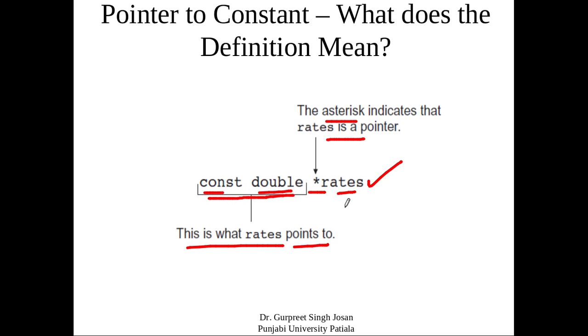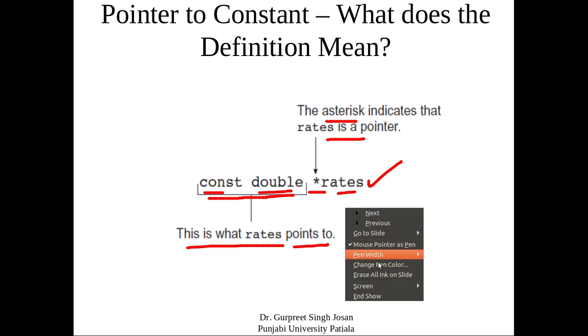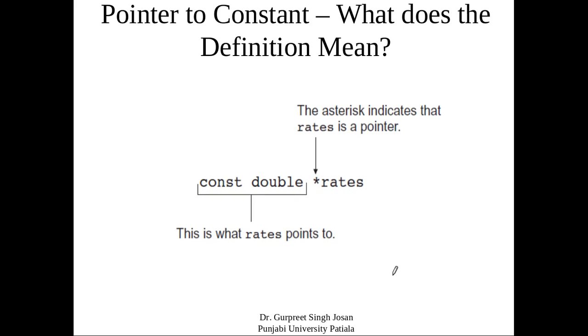When you have to declare a pointer to some constant, you have to use this syntax. First you use the const keyword, then the data type, then you declare a pointer. So const keyword, data type, pointer. This part is what rate points to. Rate is a pointer that is pointing to some constant variable.